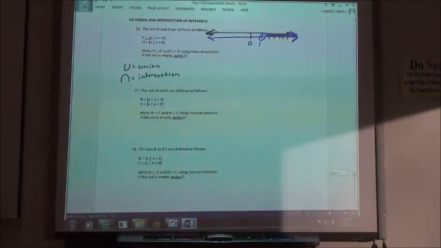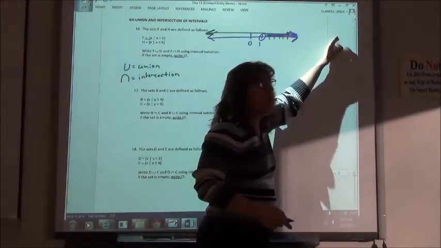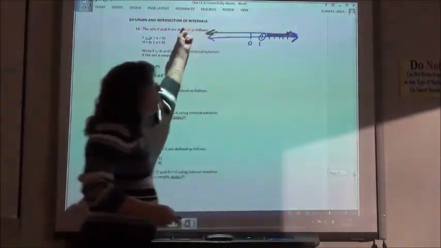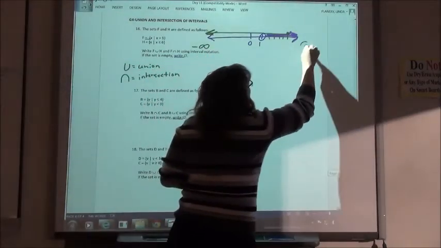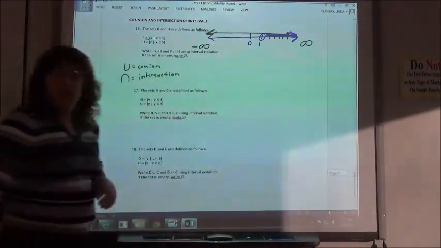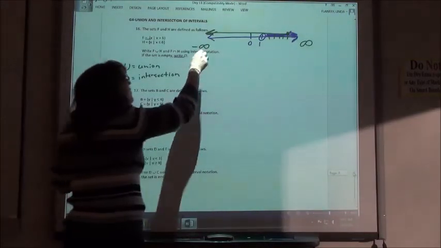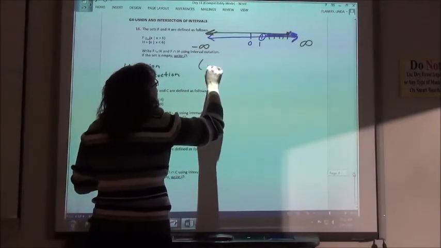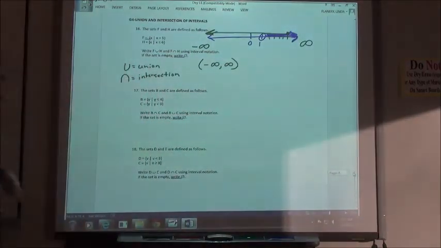And so what ends up happening is that I've shaded every number going to the right, I've shaded every number going to the left. I went from -infinity to +infinity. We did that interval notation thing. We said if we're doing infinity, it has to have a parenthesis. And so my answer is going to look like that.